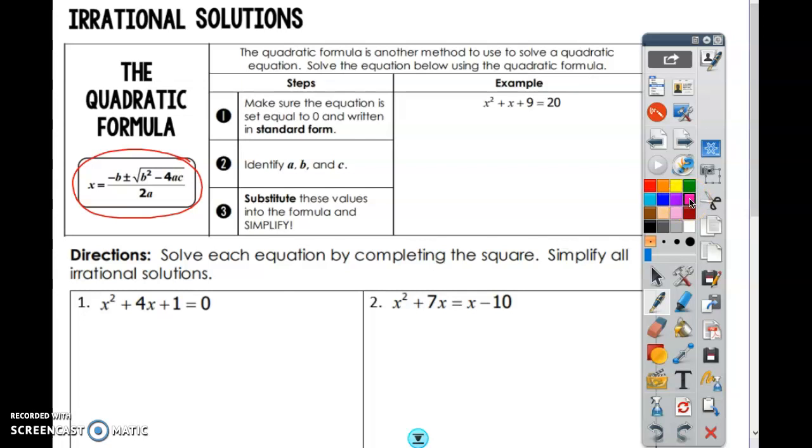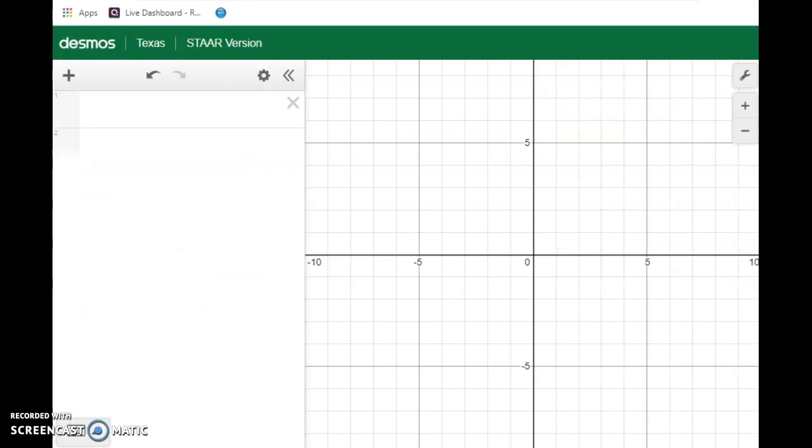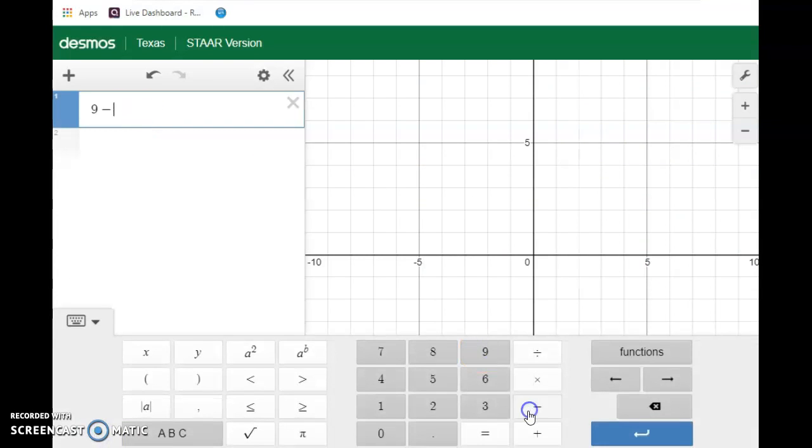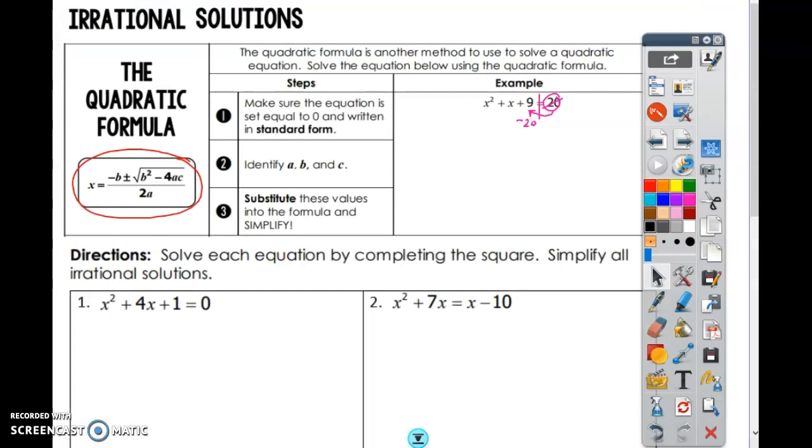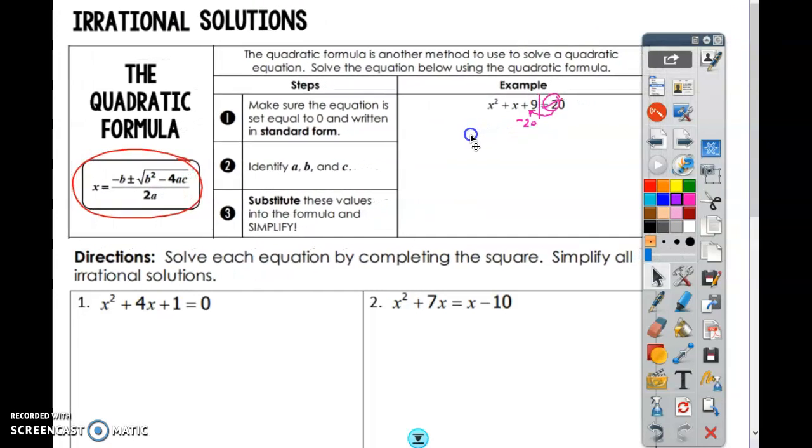So right here, first things first, the 20 needs to move over with the 9. So we're going to do minus 20. Okay, so what's 9 minus 20? Negative 11. So my C is going to be a negative 11.